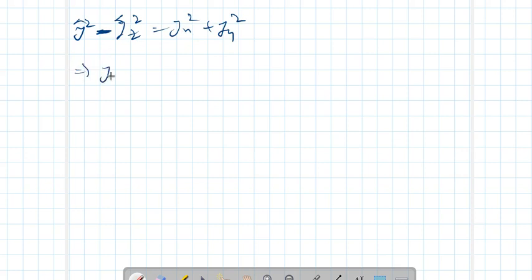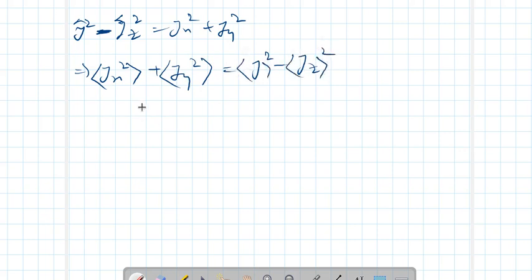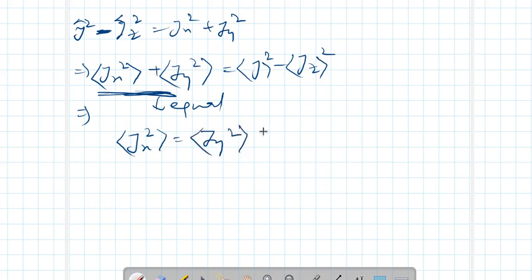So the expectation value of jx square plus the expectation value of jy square is equal to the expectation value of j square minus jz square, but both are equal. So that means jx square is equal to jy square, and it can be written as 1 by 2 of j square minus jz square.